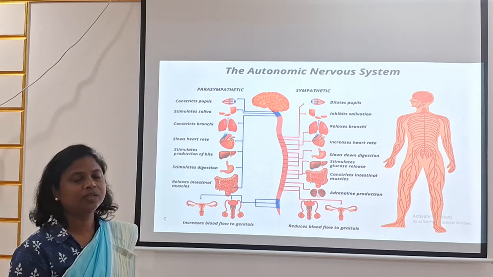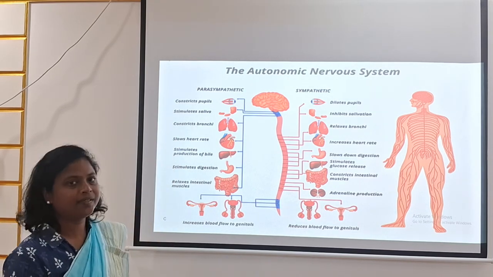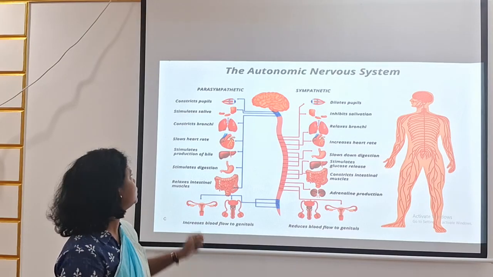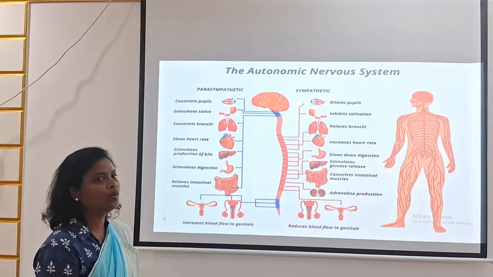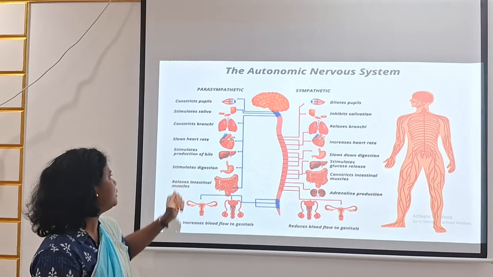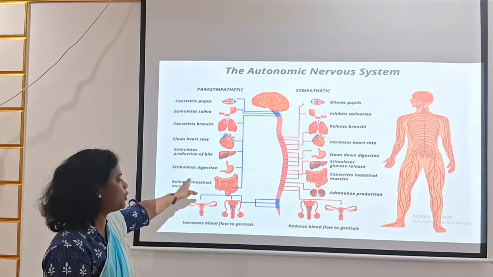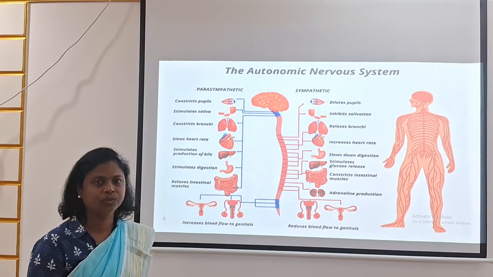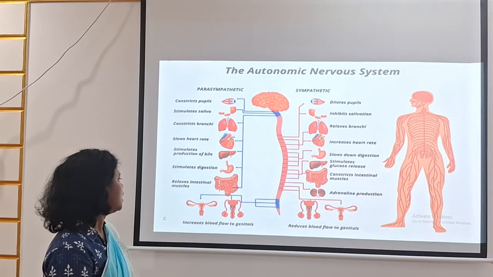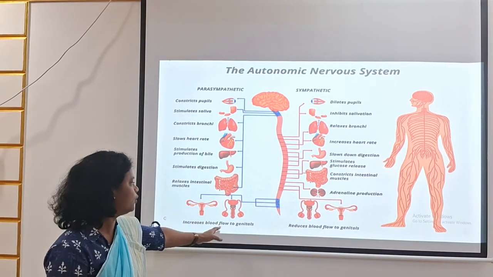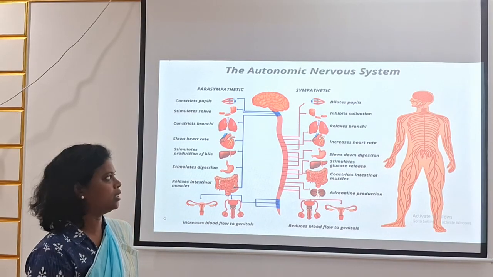Specifically, it controls the constriction of the pupils in the eye and stimulates the salivary secretion in the mouth, and constricts bronchi in the lungs, and then slows the heart rate, and stimulates the production of bile in the liver, and then stimulates the production of gastric juices in the stomach, and relaxes the intestinal muscles, and also increases the blood flow to the genitals. So it is responsible for the sexual arousal also.